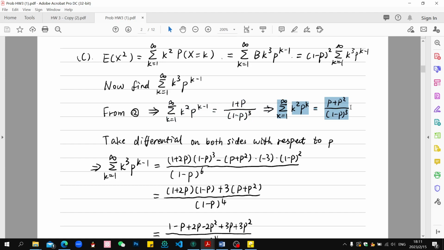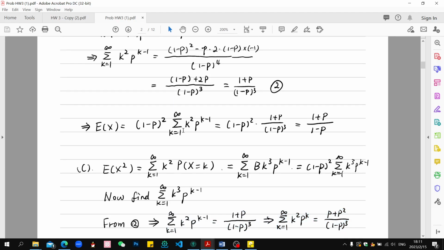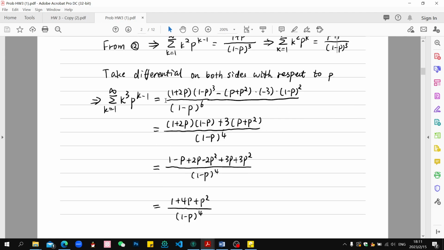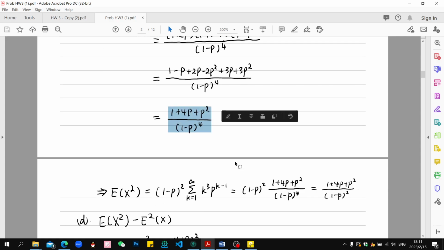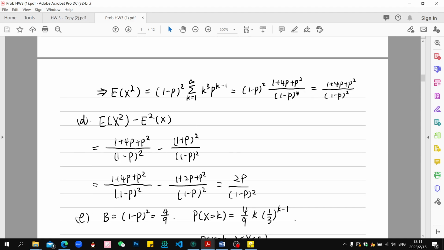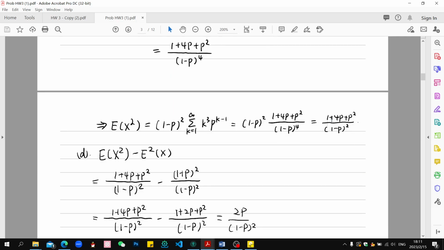And then we can multiply p again and take the derivative again, just like we did in A and B. We can find this expression, and we simplify it down to this: (1 plus 4p plus p squared) over (1 minus p) to the power of 4. So the expectation for x squared is b, which is (1 minus p) squared, times this sum, which is (1 plus 4p plus p squared) over (1 minus p) squared.